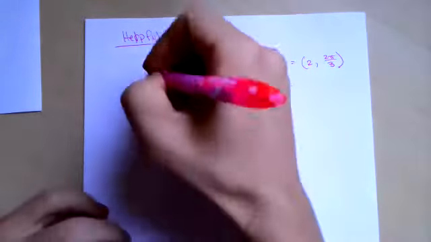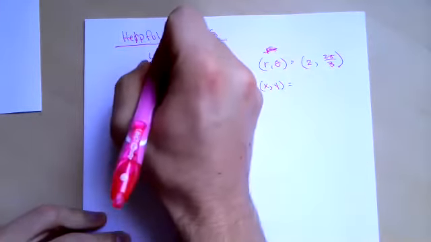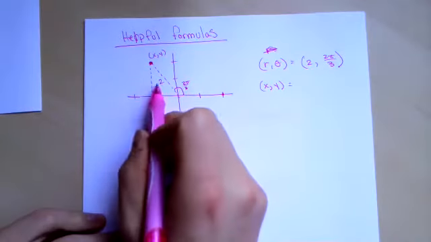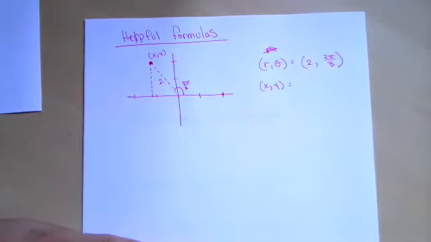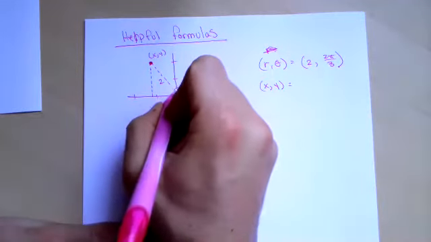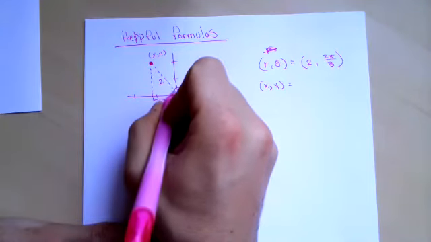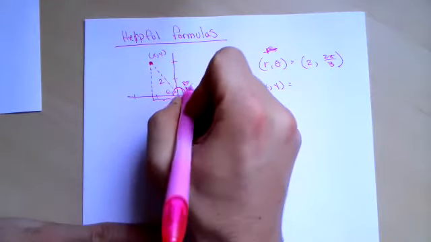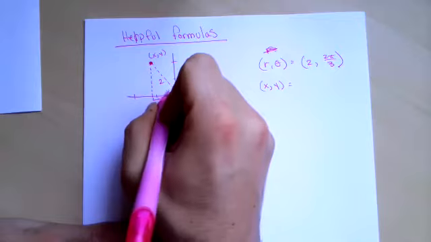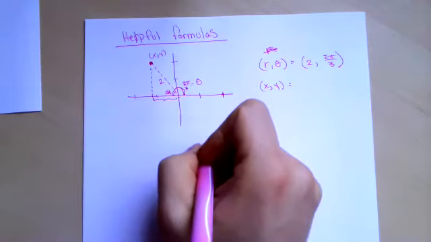So you just got to remember all your special triangles. If I wanted to find my xy coordinates, well, what's the x coordinate going to be? My hypotenuse, nicely enough, is always given by the radius. Then my x value, well, this is my x value. If this is my angle, let's call this theta, this is my reference angle here, let's call this alpha as our reference angle. Then what is my x value?